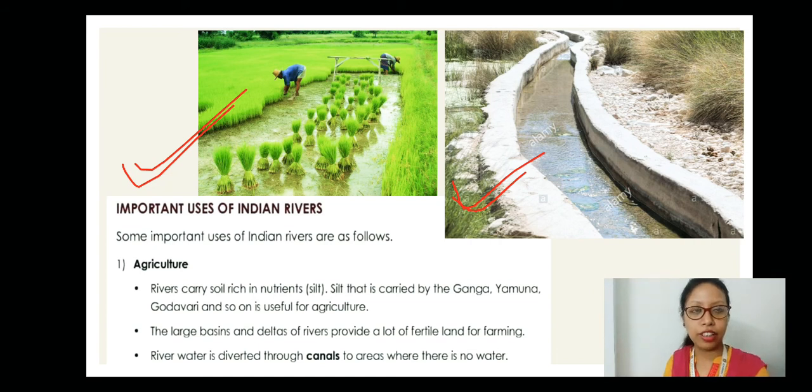It's like a drain, okay? They make a canal and they divert. Divert means that it breaks the river and diverts the water through that canal, and then this water gets to the farmer's field, the cultivation land. Okay, so that is how canals are helpful.